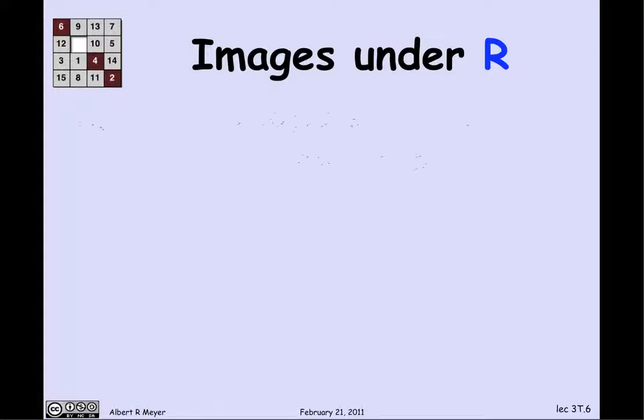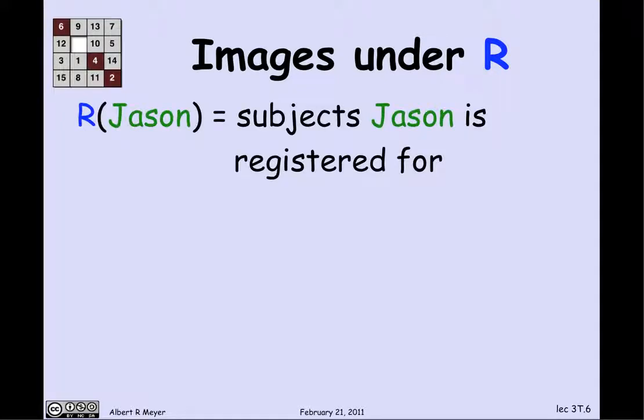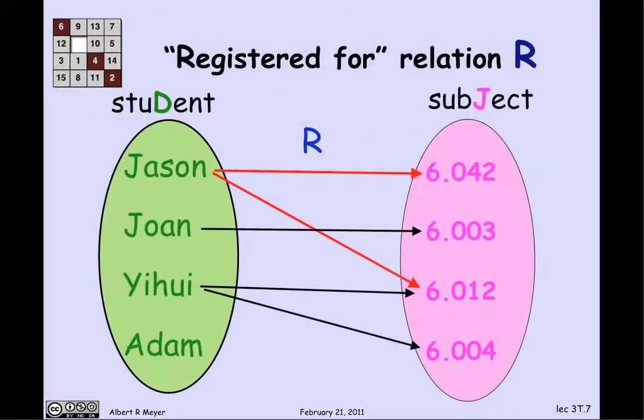A basic concept with relations is the idea of the image of a bunch of domain elements under the relation. You can think of the relation as an operator that applies to domain elements or even sets of domain elements. So if I write R of Jason, that defines the subjects that Jason is registered for. Looking at the picture, R is not a function, so there may be more than one subject, as you'd expect for a student to be registered for multiple courses at MIT.